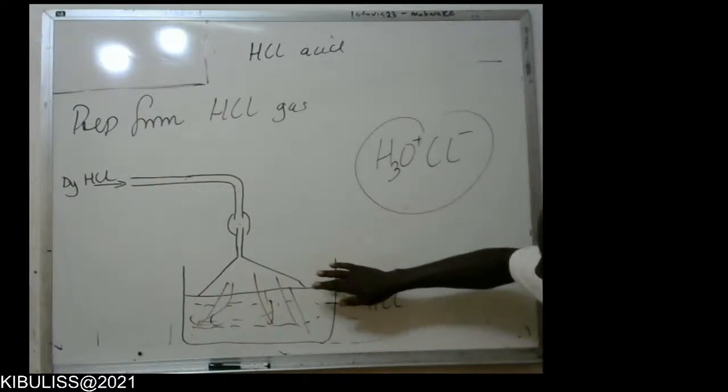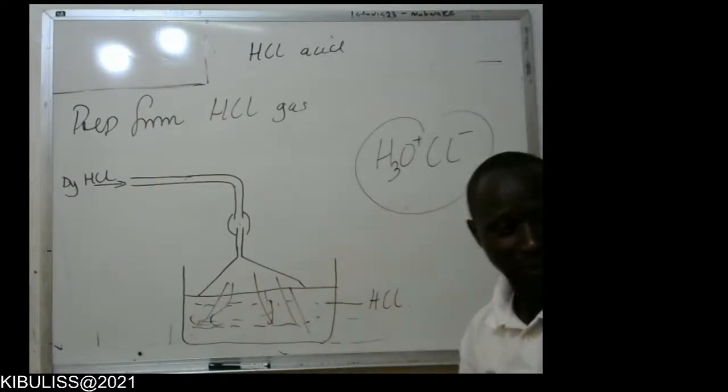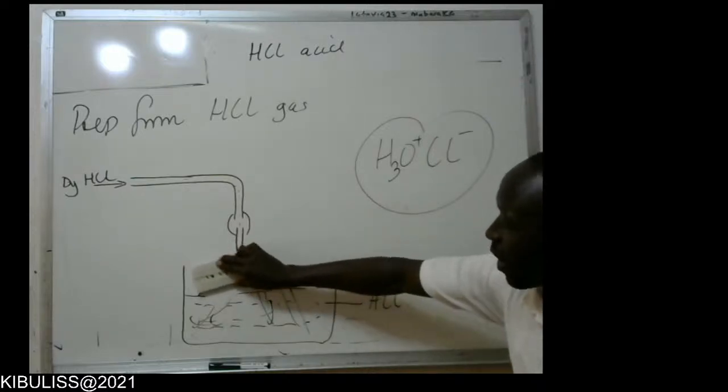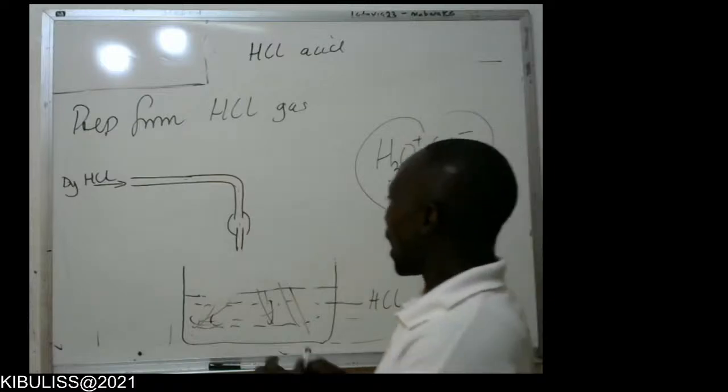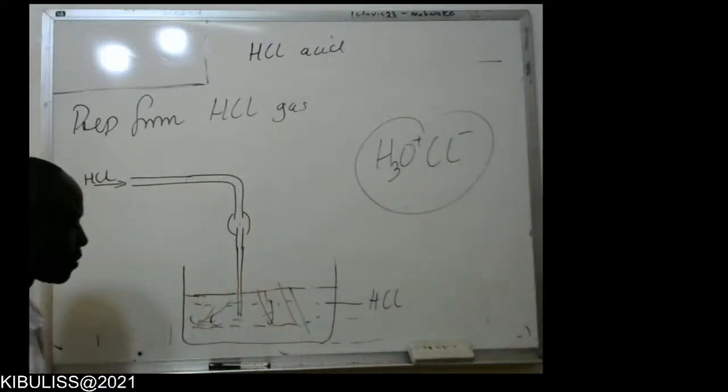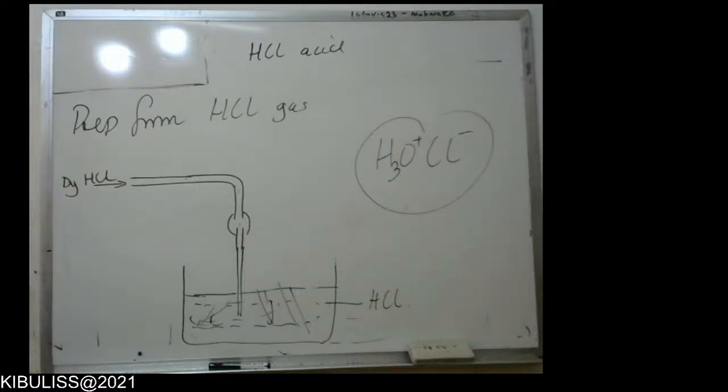The moment you don't use a funnel whose rim is touching the surface, if I bring this test tube and I just lower the test tube inside the water like this, something funny is going to happen. All this water is going to be sucked back immediately, back to the source where the gas is coming from.